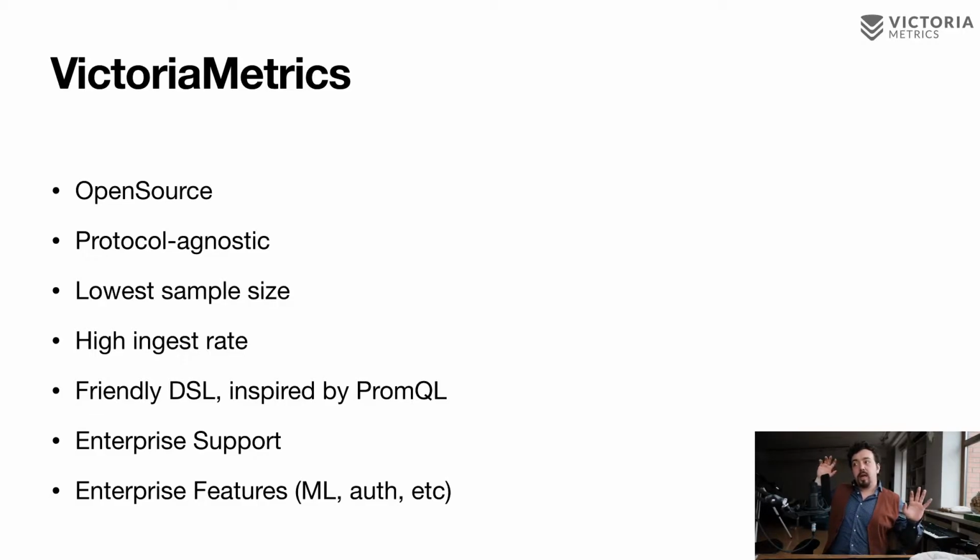We have the lowest sample size on the market. And what is a sample? A sample is the dot on your graphs. You have dots, and each dot needs to be stored in the storage.